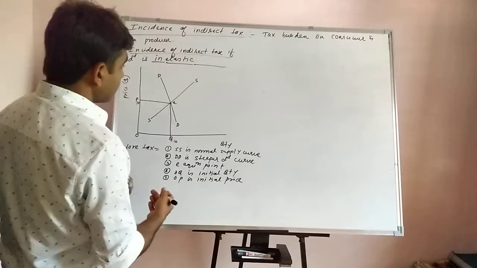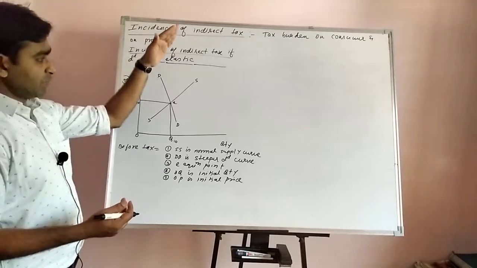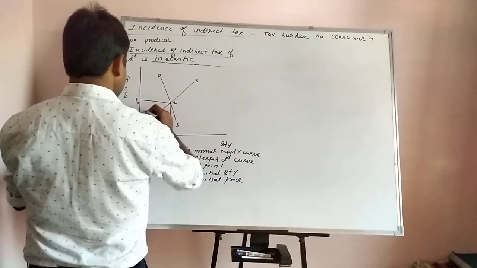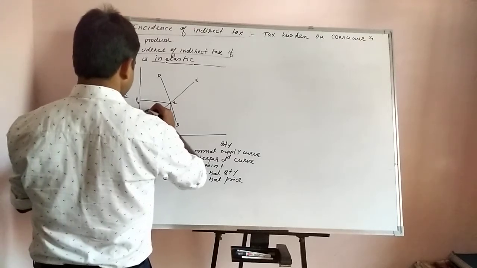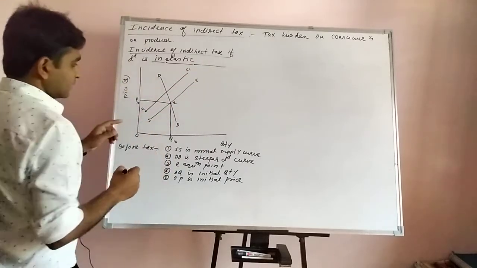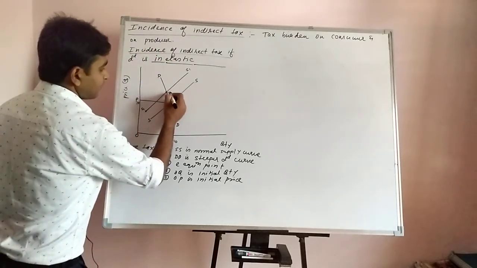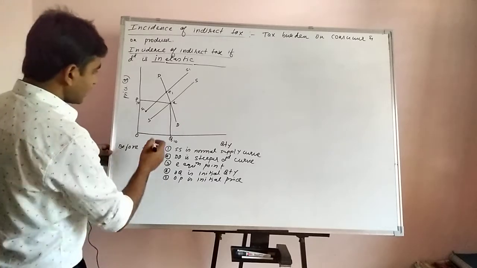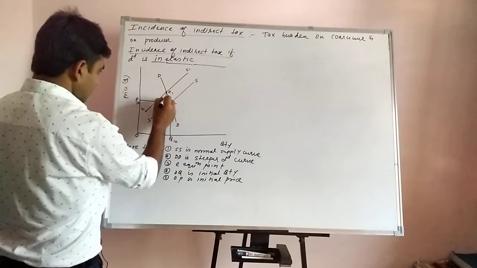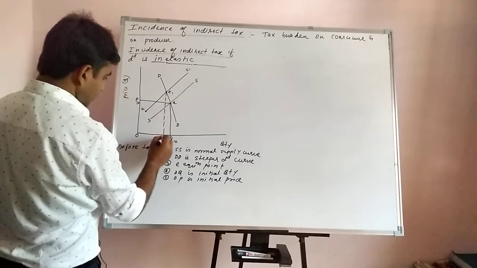Now after tax, what happened? When the government imposed tax, supply curve will shift to the left, producer will supply less. So let's see here, after tax the supply curve shifted to left. So we have S1 and S1. So this is the new supply curve after tax. We got new equilibrium point E1, and parallelly we'll get a new equilibrium quantity Q1.